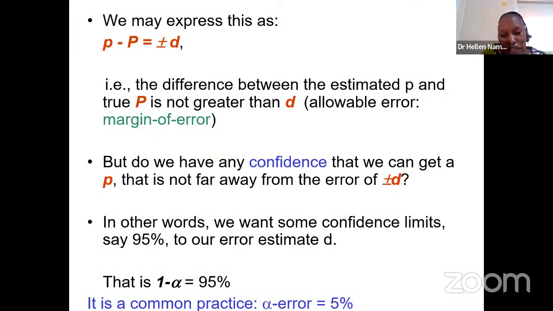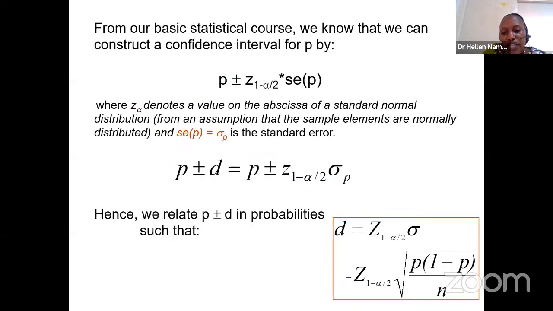I talked about the confidence interval. And then when we were starting, we looked at this particular formula and saw how we can use the margin of error to calculate n, provided we know the population estimate.